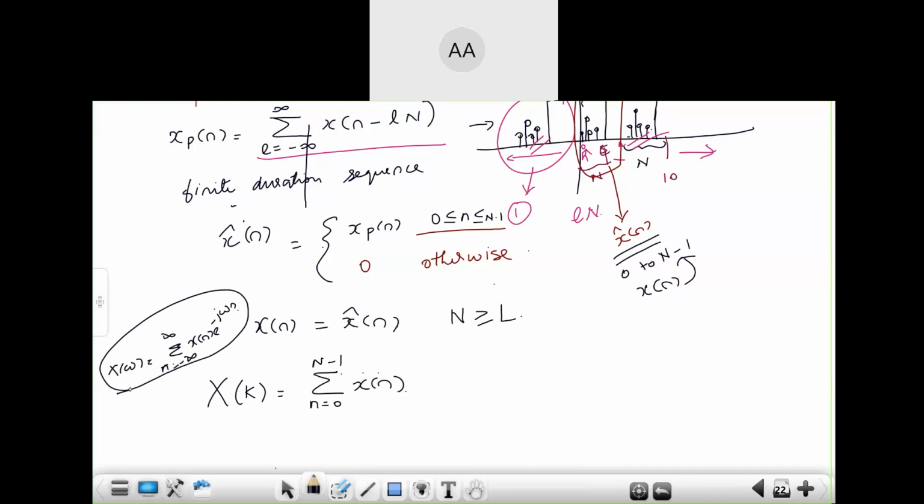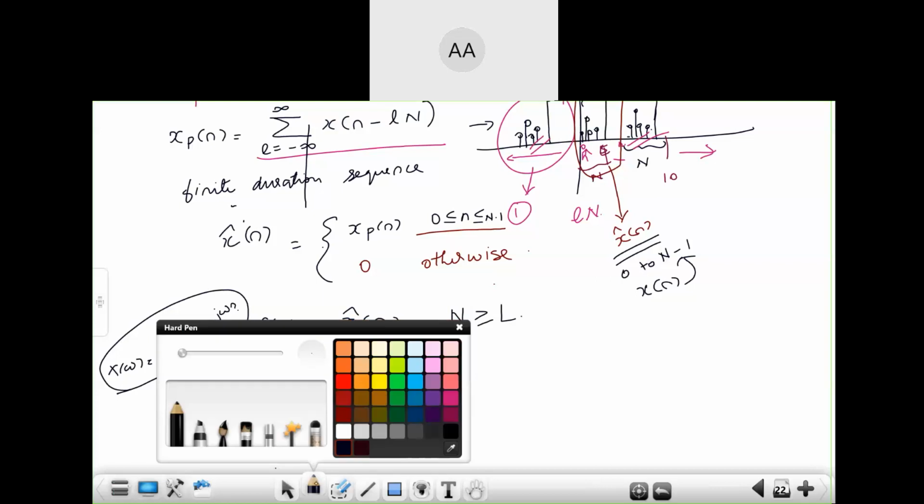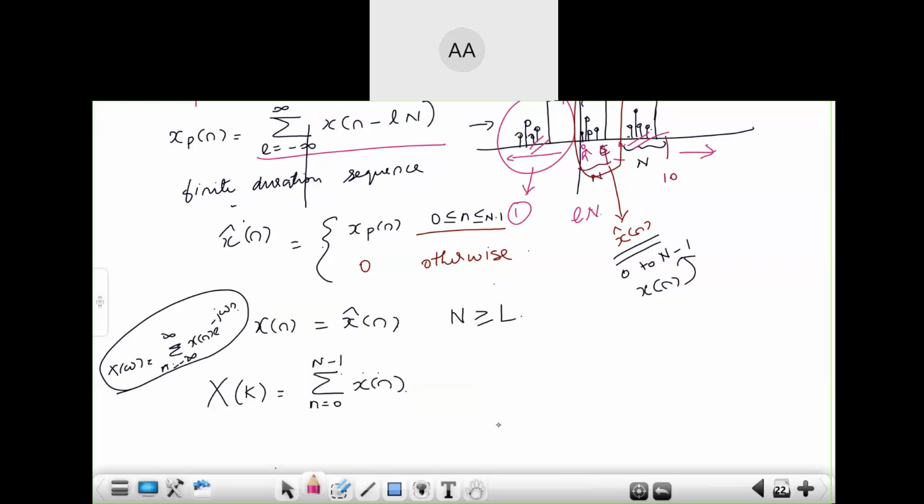So from this equation, I'm telling you how we change the limit. See this: minus infinity to plus infinity, your limit has changed. How has it become 0 to n minus 1? Why are we taking that? That is because of this step. And what is happening in this step? We are taking only the one particular periodic set of values.